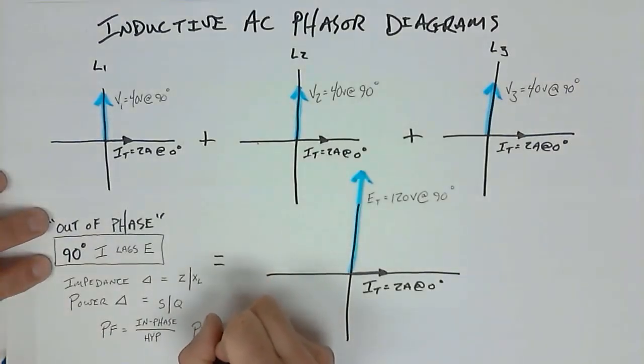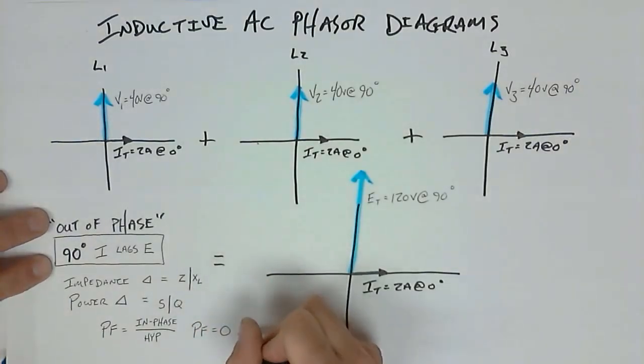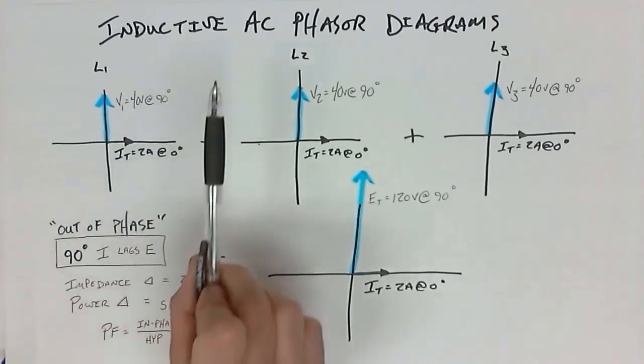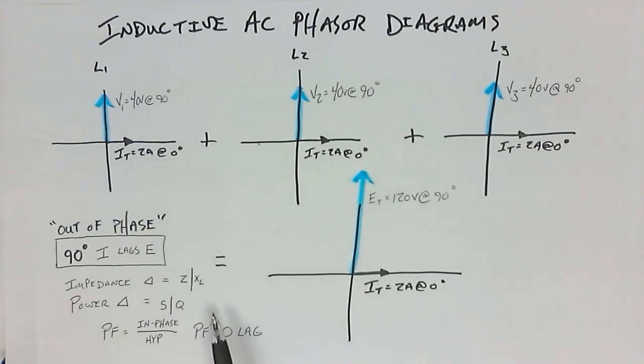So this would be considered a lagging power factor of 0. And it's lagging because it's inductive. So every time we indicate a power factor, if it's not 1, then we have to indicate if it is lagging or leading. So inductive, it is always lagging.